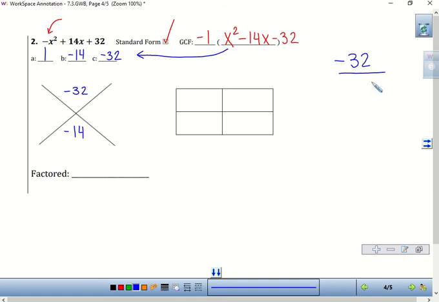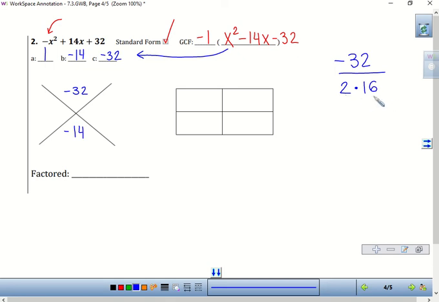So what are some factors of 32? Two times what would give me 32? 2 times... 7? What do you think? 14? You're close. Not 14, but lower than that. 4? It's higher than that. 16. So 2 times 16 would give me 32.